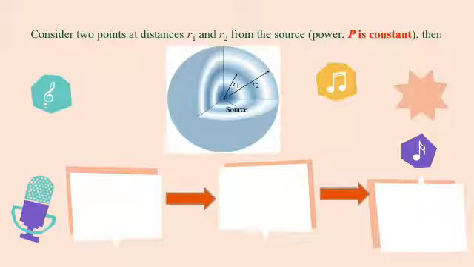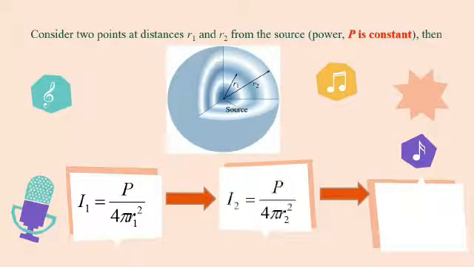We know that the area of a sphere is 4 pi r square. I1 is equal to P divided by 4 pi r1 square, and I2 is equal to P divided by 4 pi r2 square. The conclusion is I2 divided by I1 is equal to r1 square divided by r2 square.